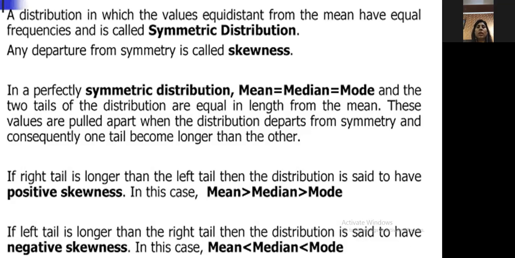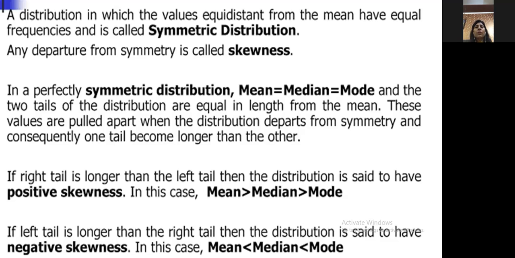Any departure, meaning any distortedness in this symmetric distribution, gives us information regarding the skewness in the data, that the data is not symmetric, that the data has some skewness. And in a perfectly symmetric distribution, the values of these three measures, that is mean, median, and mode, are always equal. That's why the symmetry occurs. The position of the mean, median, and mode is the same, and they are also equal in their values.